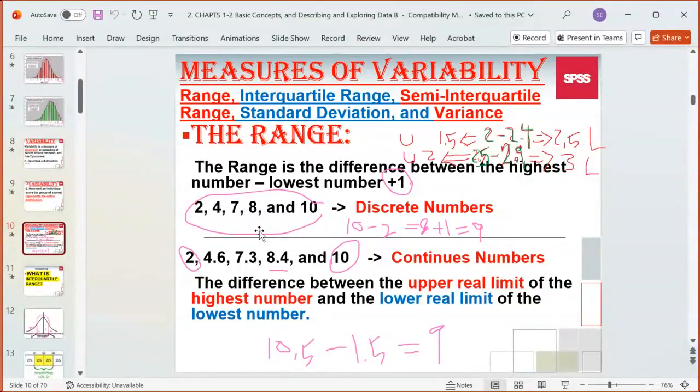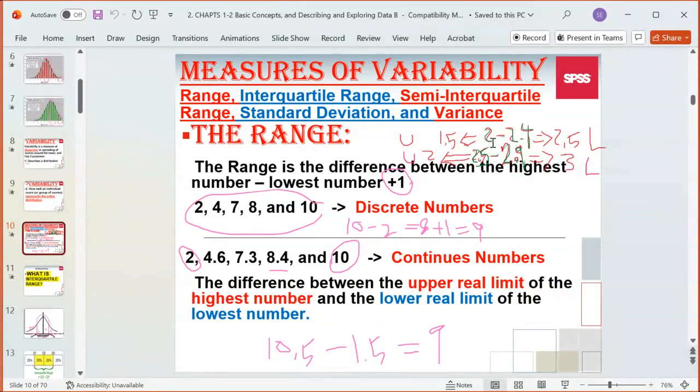On the same token, for the lower real limit, you go down half a point, so it will be 1.5. But if you have a fraction, you can see on the top right I have L on the right and U on the left.